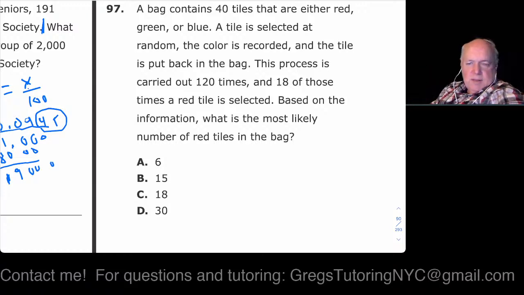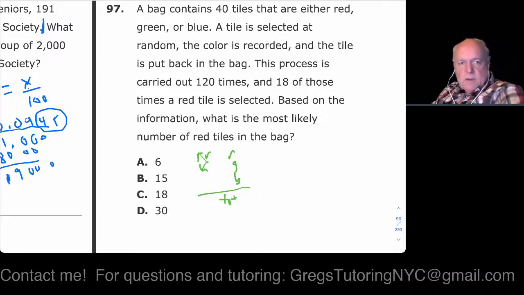I just set up my normal thing. They're not telling us, but I would normally put like 5 red, 6 green, whatever. So I'm just going to put the things down: there's red, there's green, and there's blue. And they were telling us the total is 40.